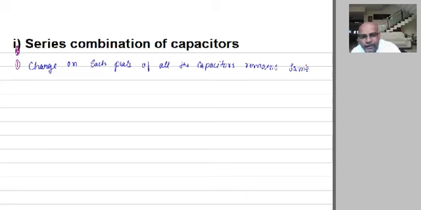The charge on each plate of all the capacitors remains the same.